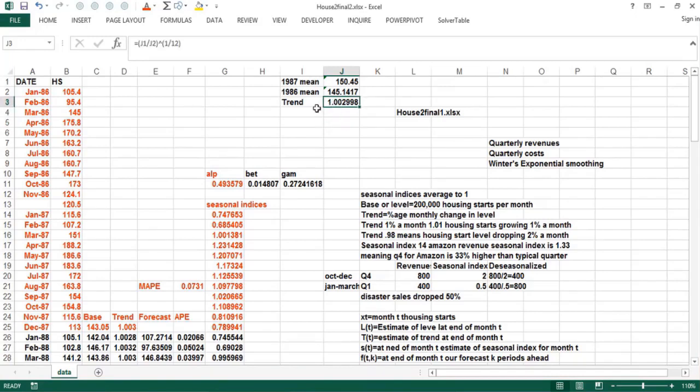Taking the 12th root, we get a trend of basically 1.003, or 0.3% per month. When you raise that to the 12th power, you would get the change in the mean from one year to the next. Now the base, it's all about that base, as Meghan Trainor would say. The trend estimate we just copied from down here.